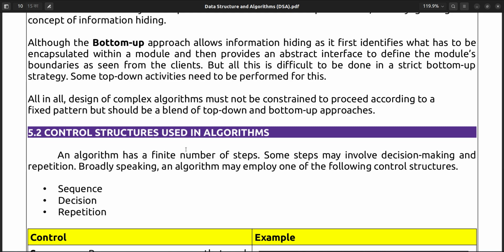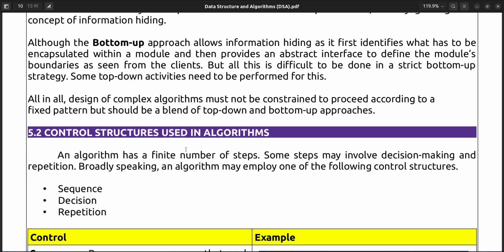Next one is control structures used in an algorithm. What is control? In our Java programming language, we have seen there are conditions like if else, while, do while, for loop. Those are controls.